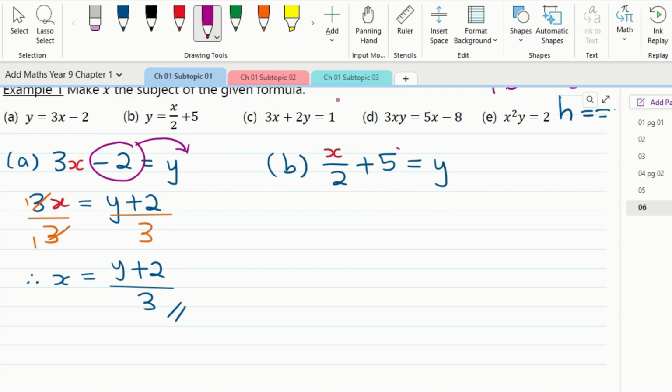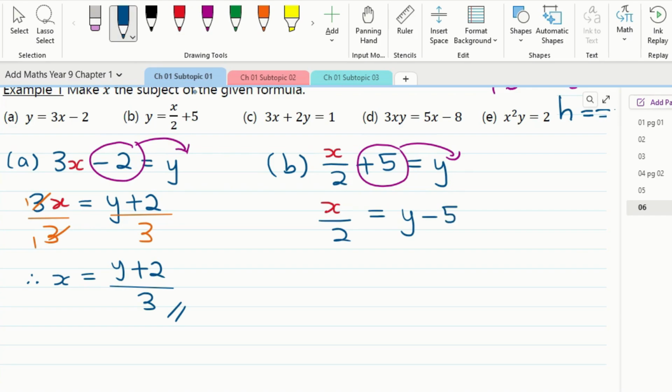You have to move plus 5 to the right-hand side. So you will have x over 2 equals y minus 5. And finally, since x is divided by 2, in order to move it, you have to multiply the whole equation by 2.